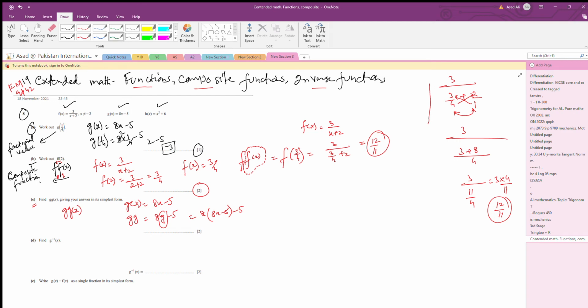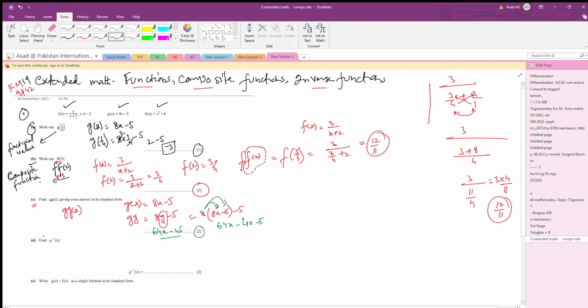So 8 times 8x is 64x, 8 times 5 is 40, so minus 40, and minus 5. The result is 64x minus 45. That's the answer for g of g of x.